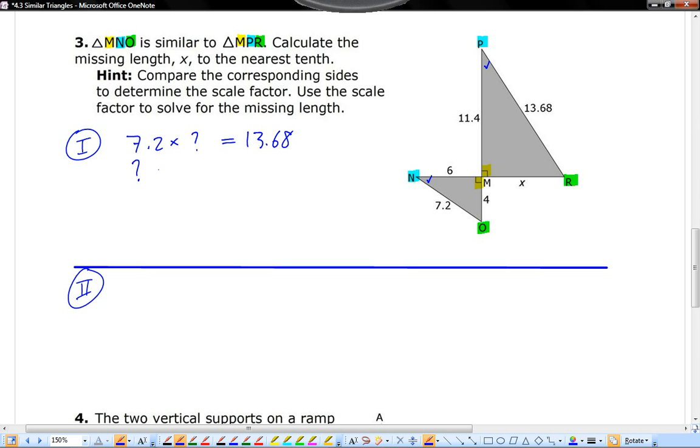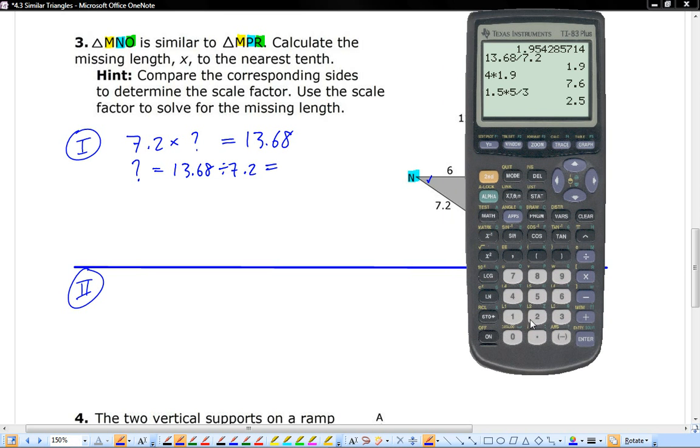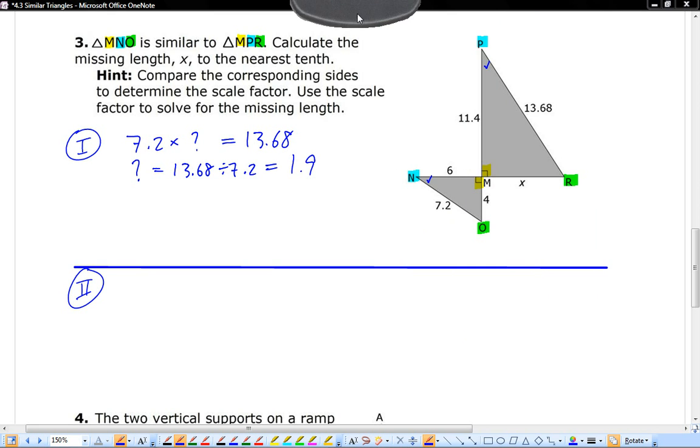So if you want to know what that scale factor is, you're going to have to do a division to figure that out. And so 13.68 divided by 7.2 is equal to 1.9. So that's the scale factor that we're going to multiply by.